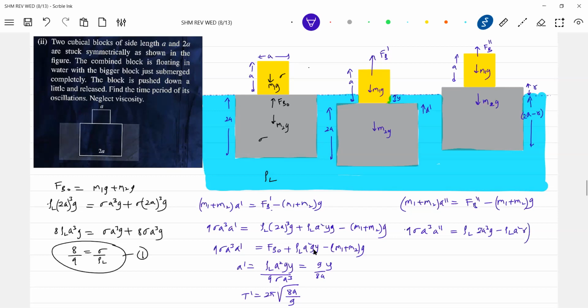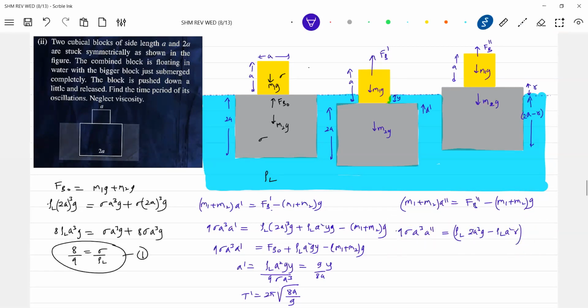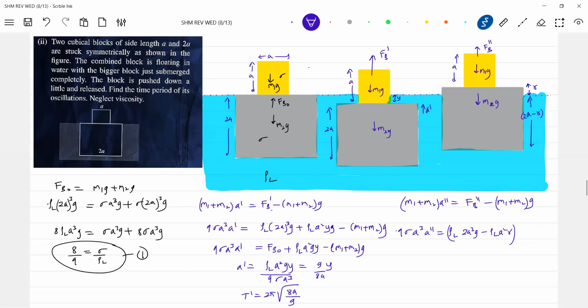I should subtract. 4A square R. Side length 2.